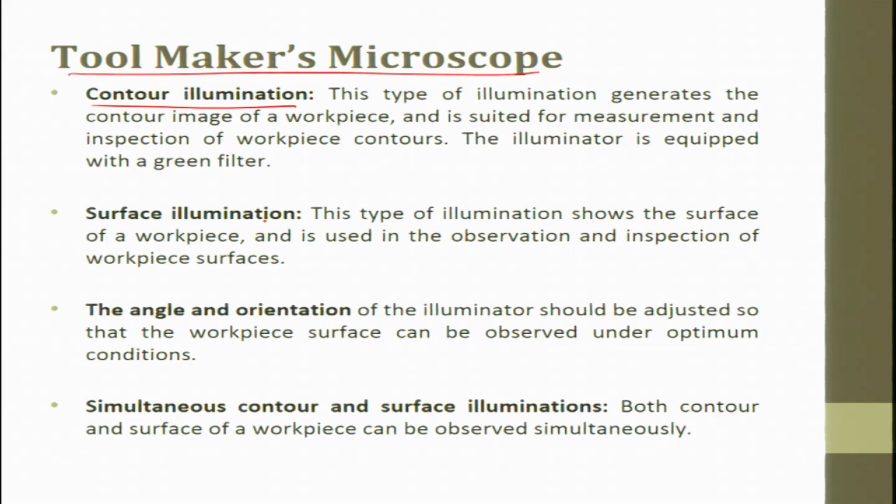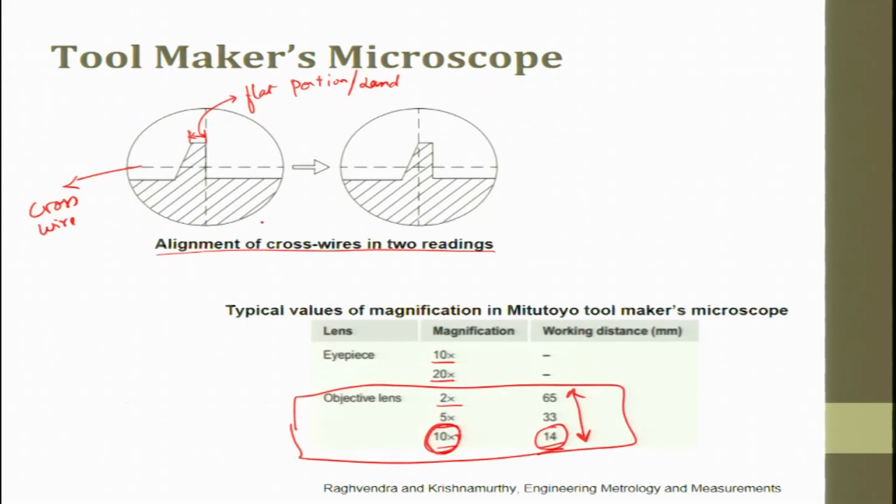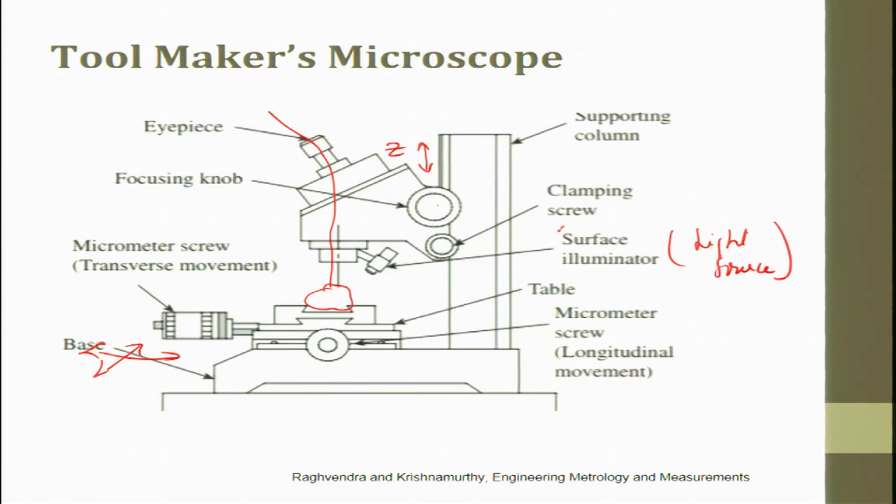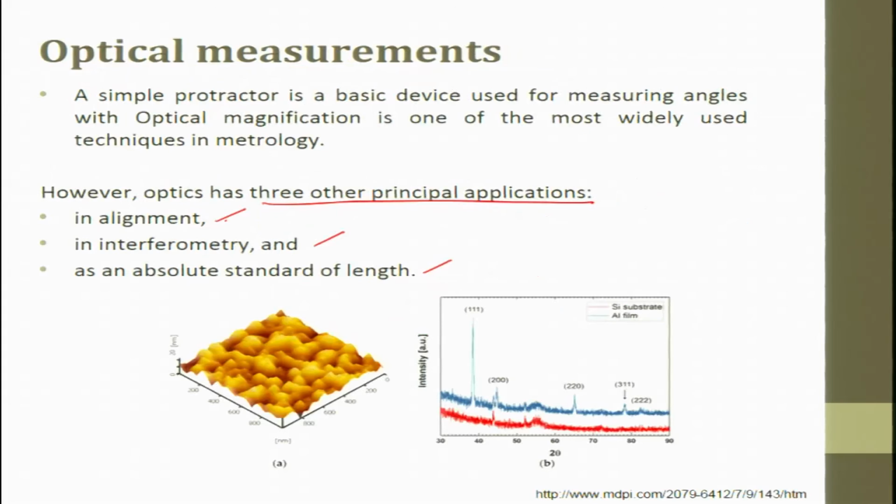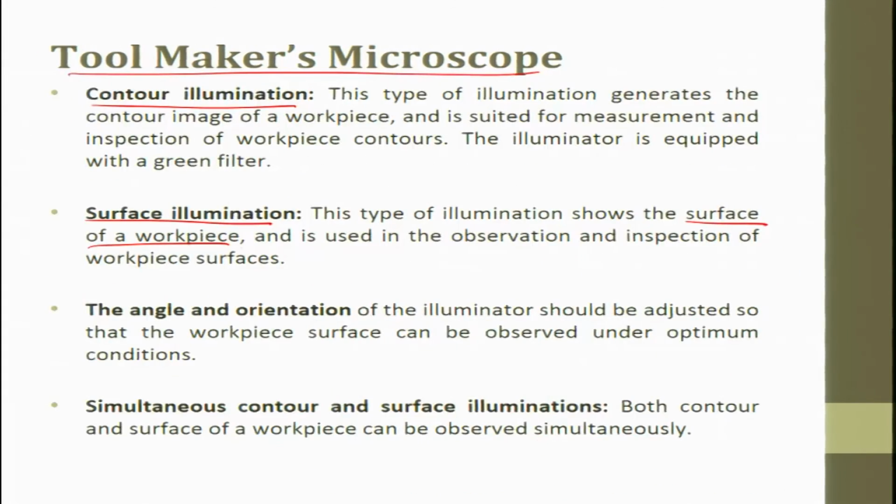The surface illumination, this type of illumination shows the surface of the workpiece and is used in the observation and inspection of the workpiece. So, it shows the surface of the workpiece, surface illumination. The tool maker's microscope, what we showed you here is surface illumination. So, instead of this surface illumination, you can have contour illumination, which is the first thing which we discussed. Okay.